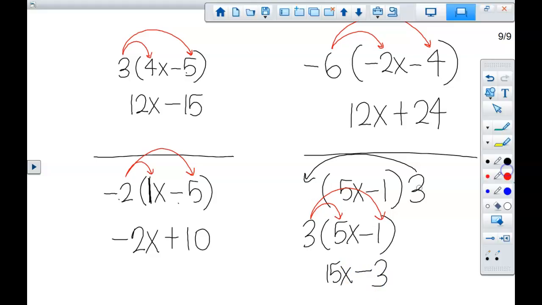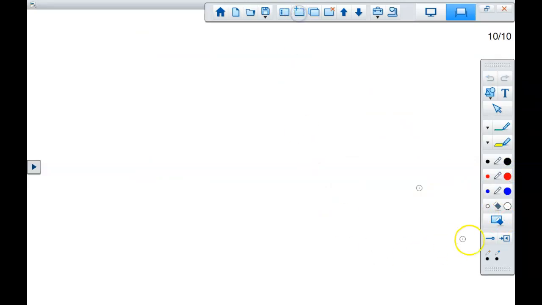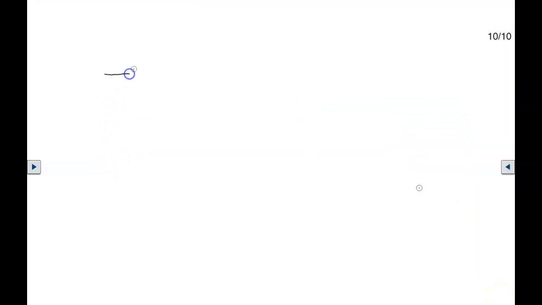Now, there's one more type of problem that I need to show you here before I send you off to practice. And that is this problem. Now, the thing you'll notice that's different here is that in front of the parentheses, I don't see a number. All I see is a negative sign.